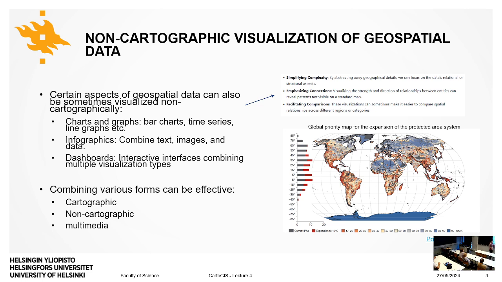So the colors you see on the map link to the colors used in the charts, and that makes it very nice and easy to connect. Very often, not in this article, but you may have other kinds of multimedia that you may want to add to your visualization. So yeah, that article is a good source if you want to get a good understanding of how you can explore your geospatial data also non-cartographically.